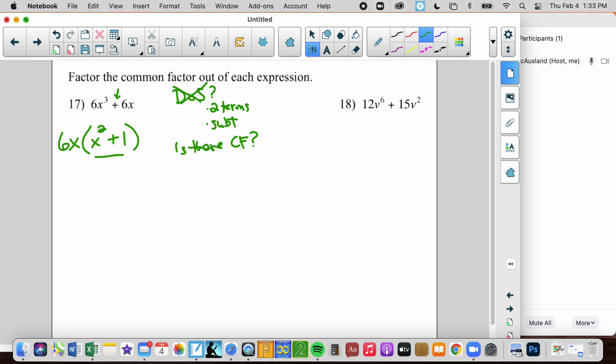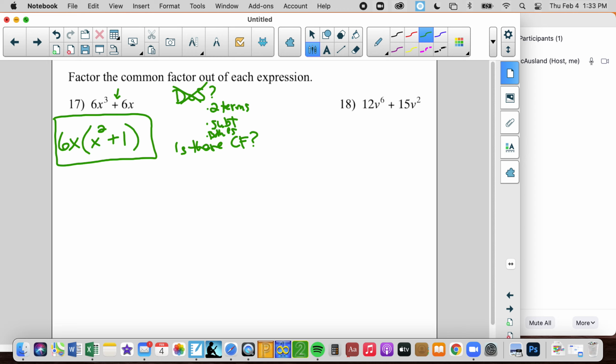And I have to ask myself, is this the difference of squares? No, it is not, because it's not subtraction. It is 2 terms. They are both perfect squares. Sorry, I stopped after the subtraction. Those are the 3 criteria. So I can't factor this any further. So I am done. So that would be my answer.